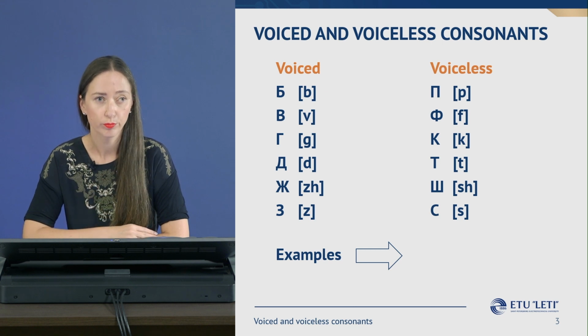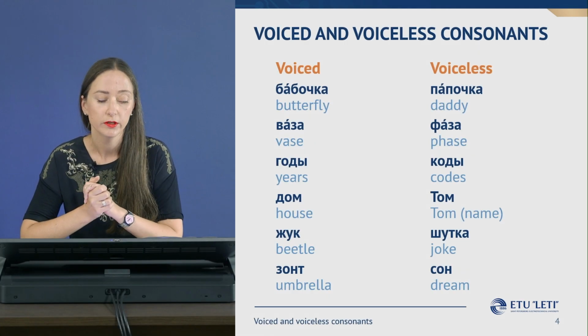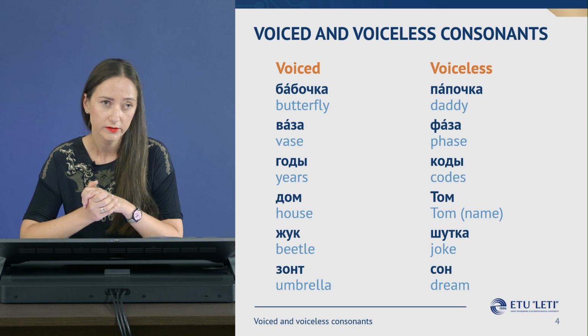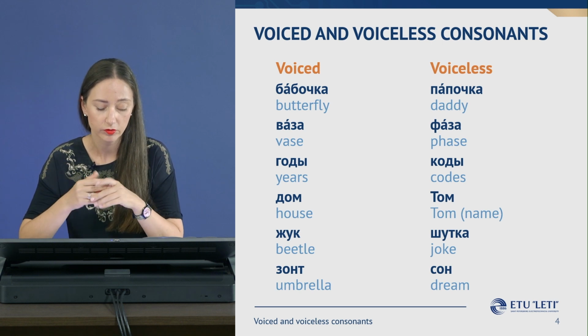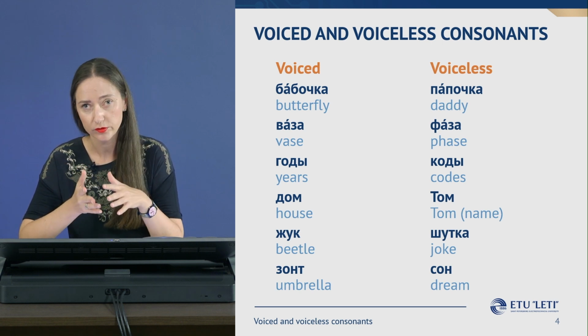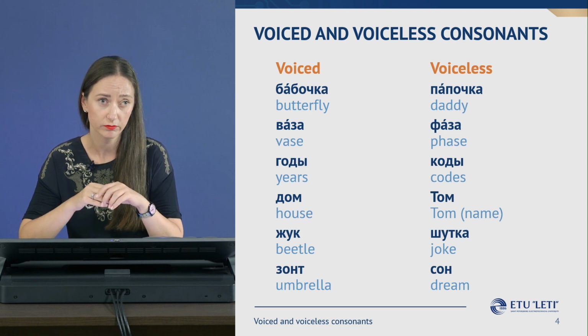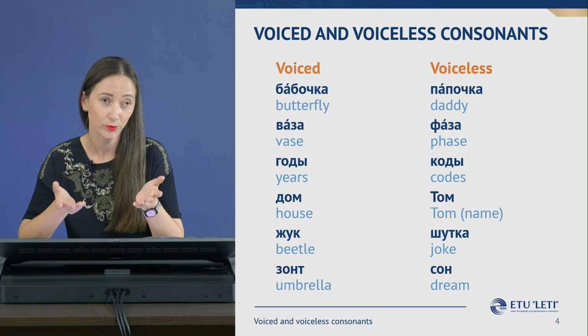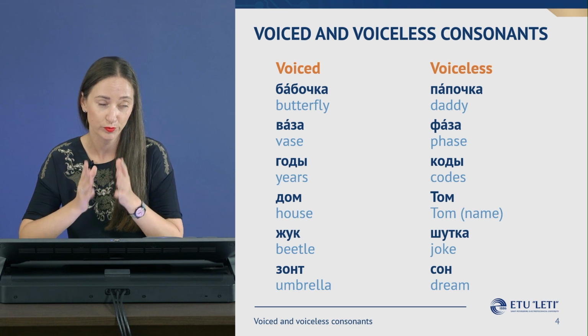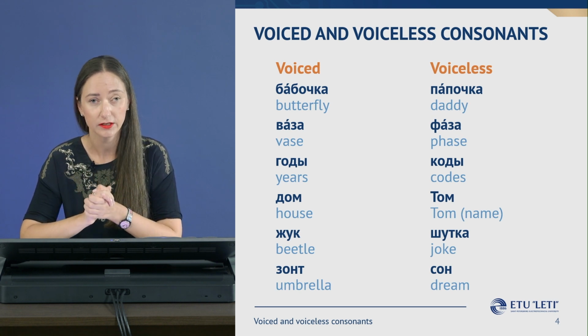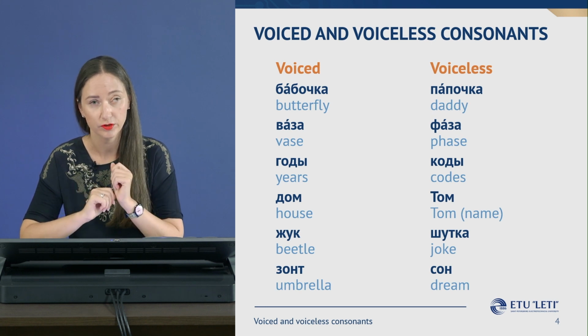B, P. So the difference between voiced and voiceless consonants can be really crucial for meaning. There are pairs of words where this difference makes the word different, so really pay attention to it and try to pronounce the sounds correctly.